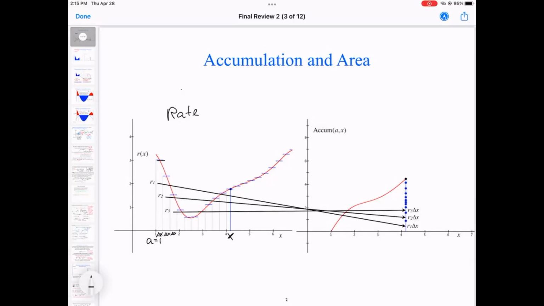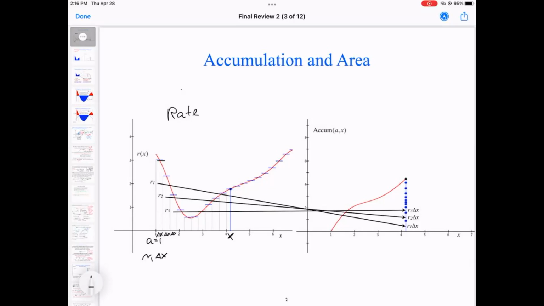The time interval is delta x, the velocity is R1 of x here, so I multiply the time by the velocity. That's R1 times delta x.